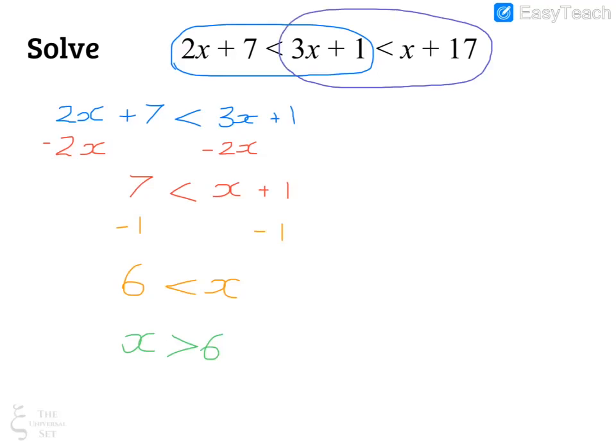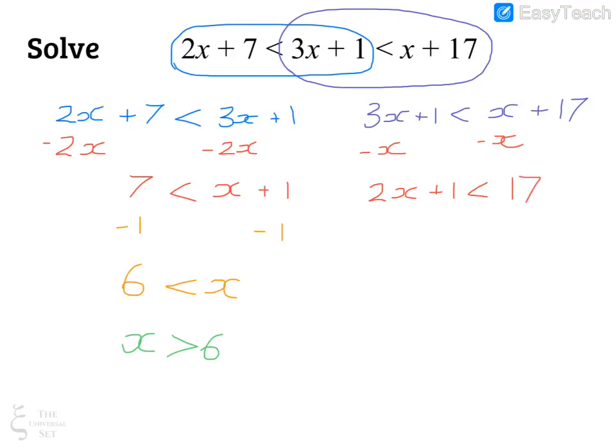So now we've got 3x plus 1 needs to be less than x plus 17. First step then is going to be to get rid of this x on its own. So I'm going to take away an x from this side as well. And that's going to give me 2x plus 1 is less than 17.